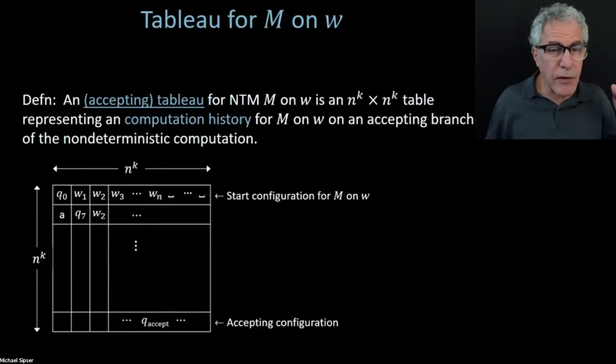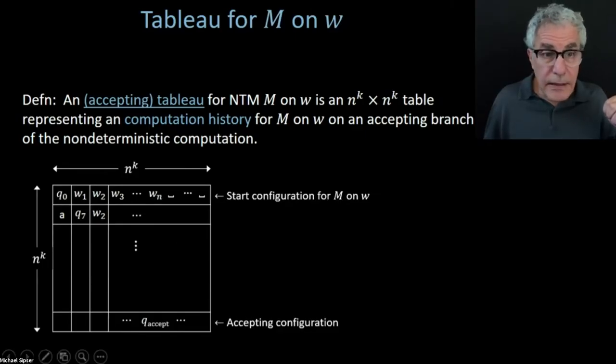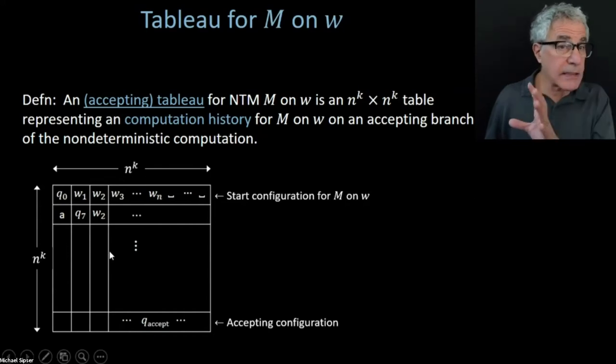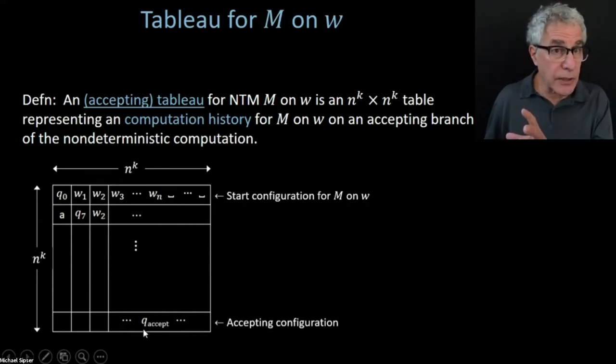So a good question here. How can the tableau be a square table if we have a low number of computation histories, but a lot of tape? Well, each computation history is in a different table. So here I'm representing a single computation history. There are going to be many configurations.